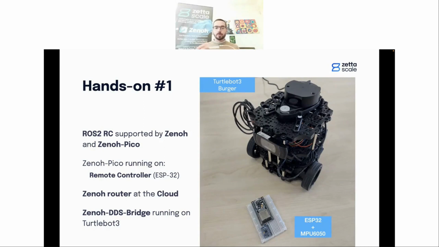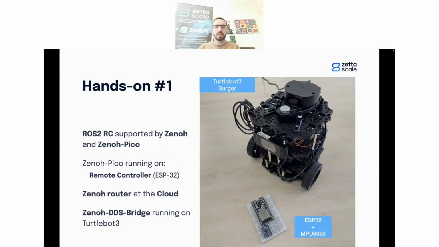the robot will move. For this, we have the ESP32 here that is connected to this MPU-6050, which basically contains accelerometer and gyroscope sensors. The ESP is running the Arduino framework, and it is integrated with Zenoh Pico.